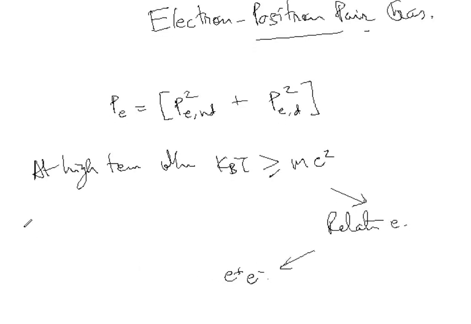Remember, as one is the antiparticle of another, their chemical potentials will differ by 2 rest mass energies. And we have this relation. So, I am writing down the chemical potential of them.